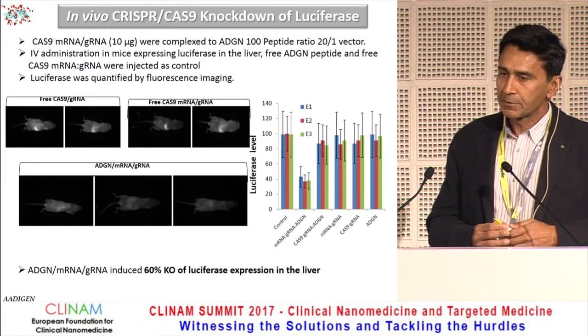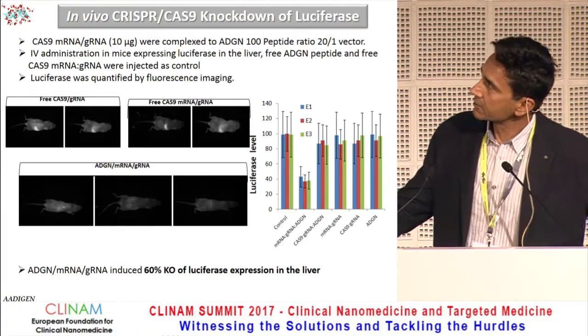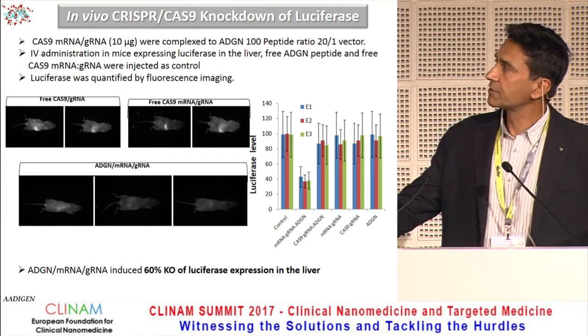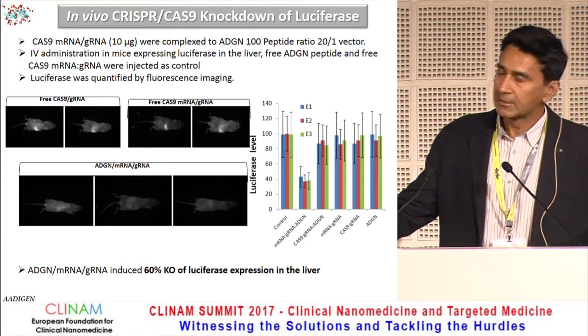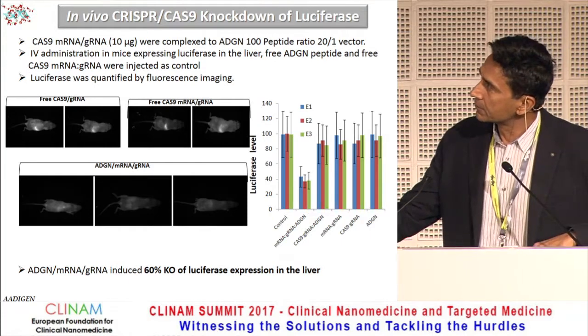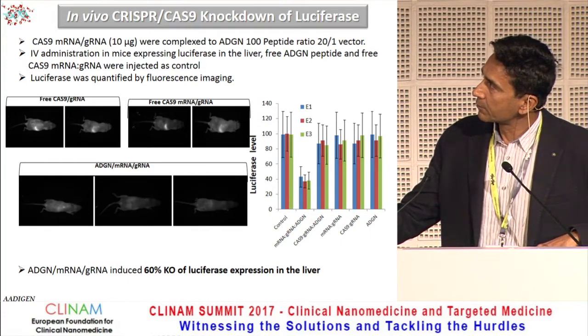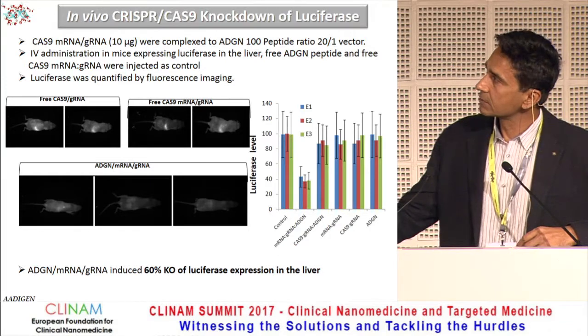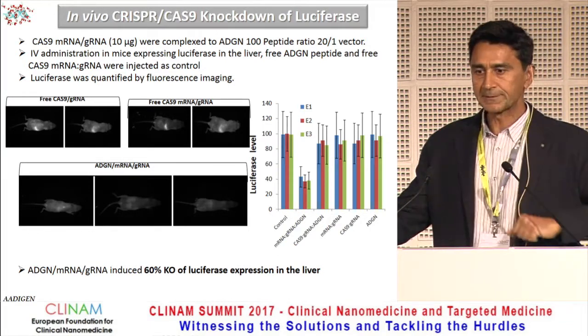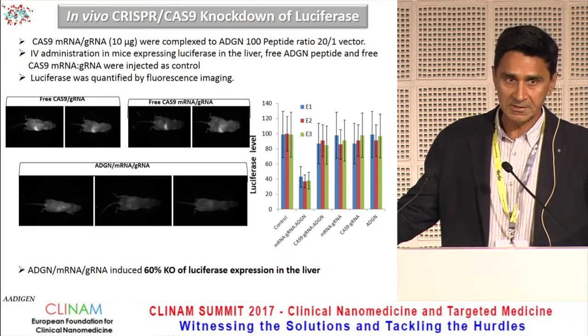And here's an example of looking at the liver. So this is a model where there's constitutive expression of luciferase in the animal liver. And our goal was to knock that down and see if we could make that work. So we used the appropriate peptide which homes into the liver, and with the corresponding gRNA for luciferase.